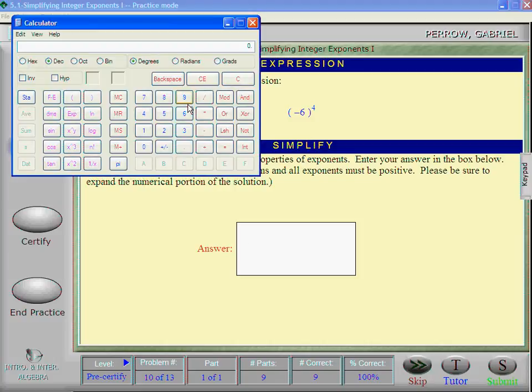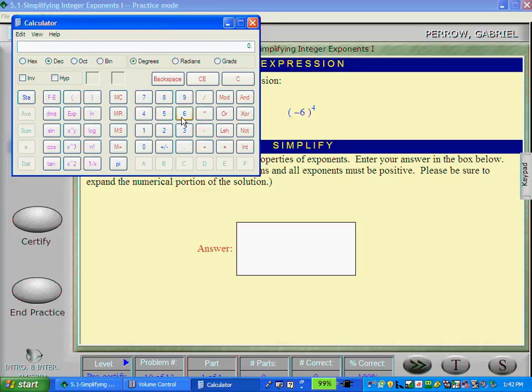And without my pen and paper in front of me, it's going to be faster to just say 6, and notice I'm using the x to the y power button here. So 6 raised to the 4th power equals 1,296.